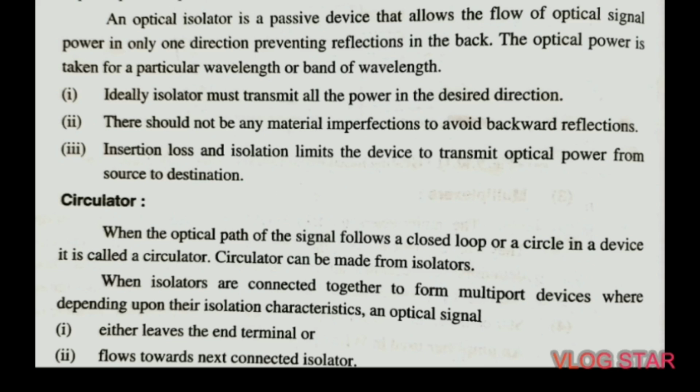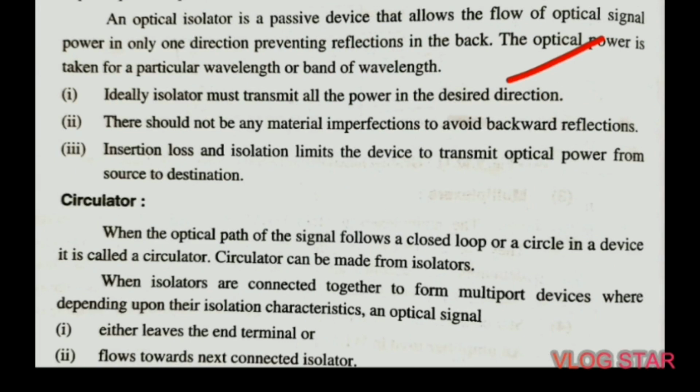So an optical isolator is a passive device that allows the flow of optical signal power in only one direction, preventing reflections in the back. The optical power is taken for a particular wavelength or band of wavelengths. Ideally, the isolator must transmit all the power in the desired direction.